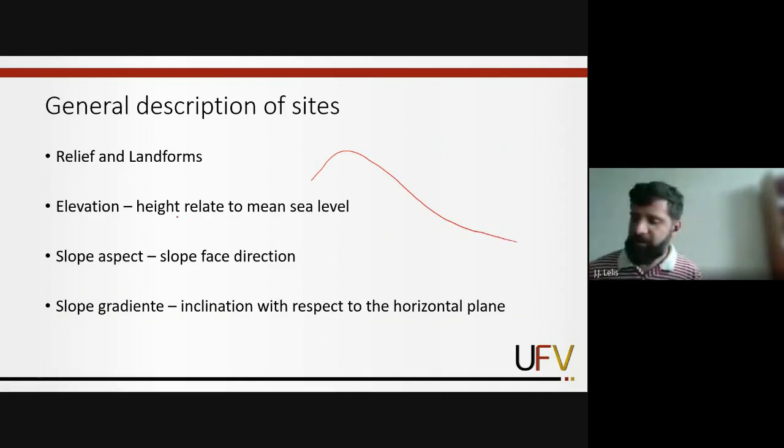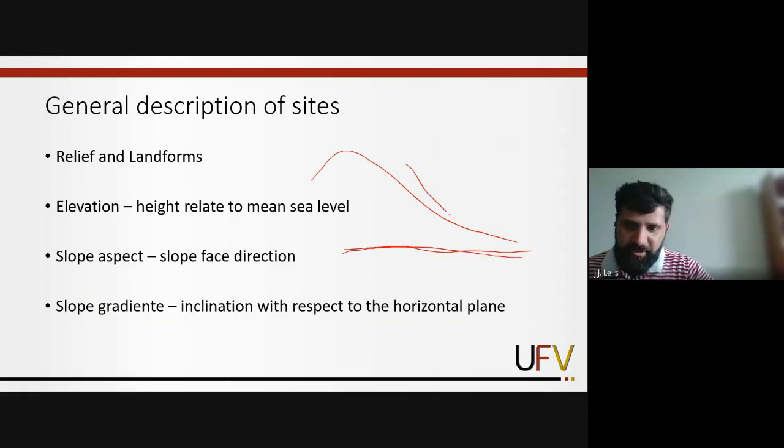Okay, and a horizontal plane, it's not so horizontal, okay? But imagine that we have a horizontal plane here. I need to register how many degrees the slope is. And of course, this influences the erosion process, some leaching process, runoff, a lot of processes that influence the vegetation cover and also influence soil genesis, the processes that act in soil.